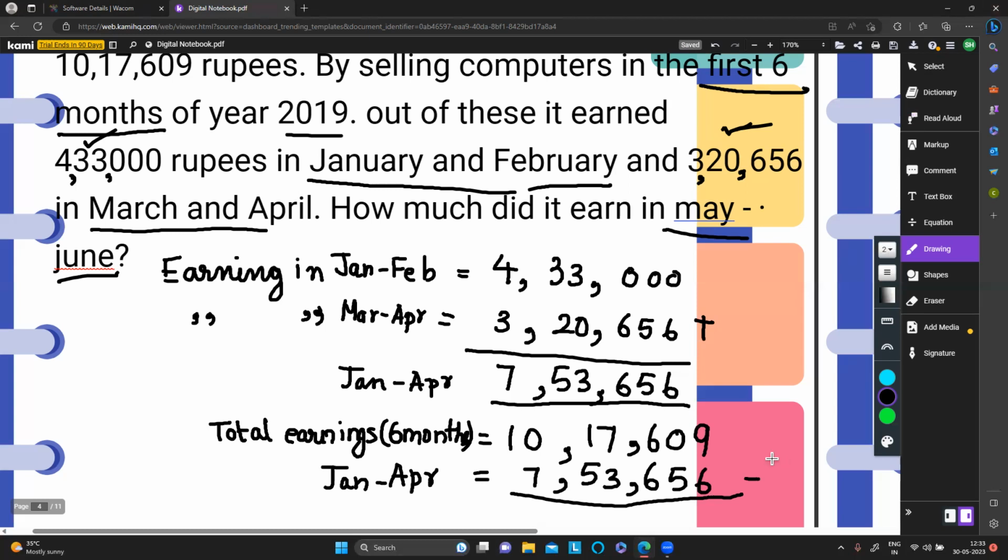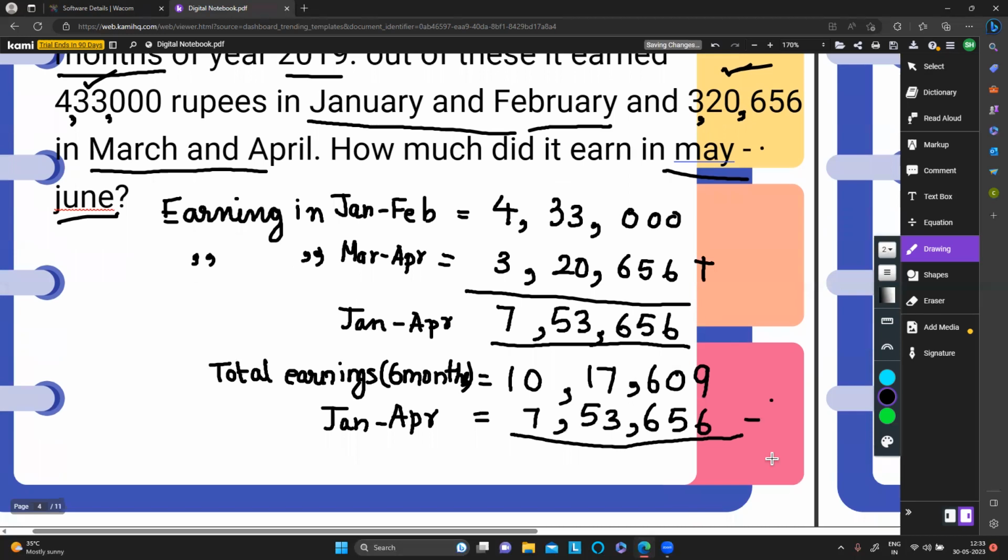Okay, what you will get? You will get 2,63,953 rupees.